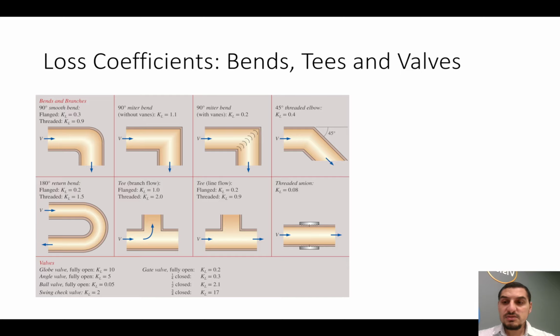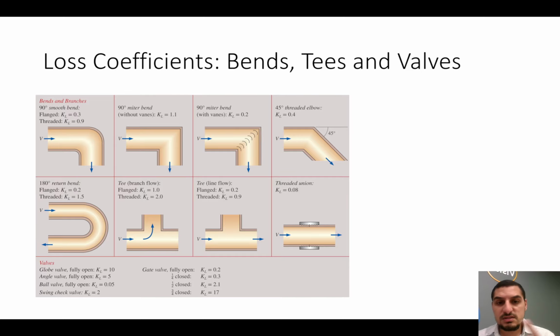The threaded or flanged types is about the way the connection is fitted to the pipe or the tube. So we have 2 options. The threaded connection is simply like the cap of a bottle of water or any other thing.